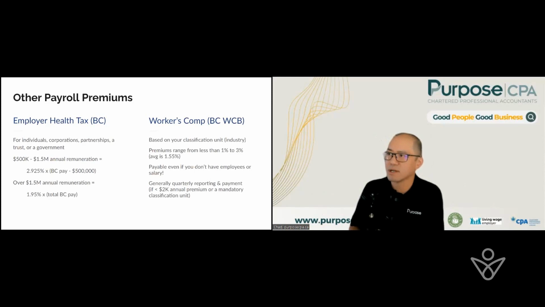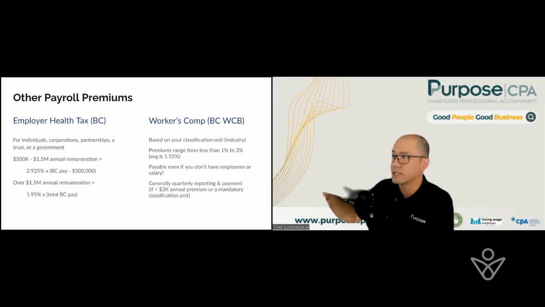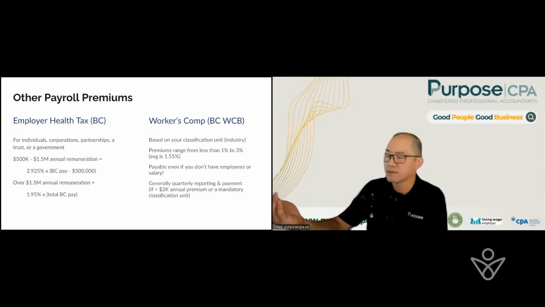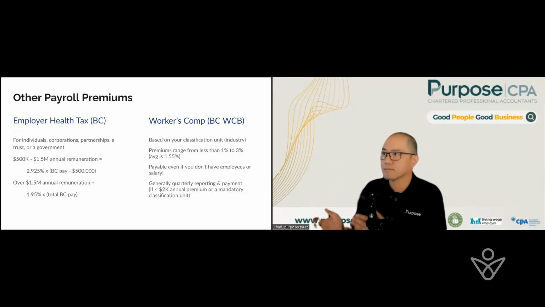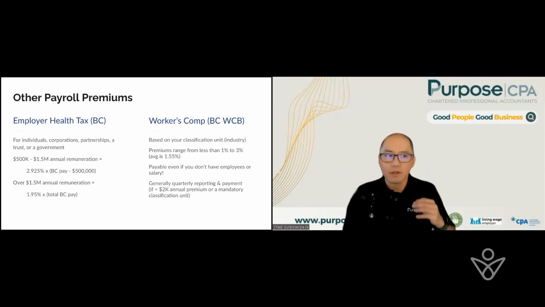Most payroll systems don't handle the employer health tax. It's a manual calculation, and you can do it in-house or hire an external company such as Next Gen Accounting or Purpose CPA, or external accountants, to assist you with that. Companies can do it themselves as well.